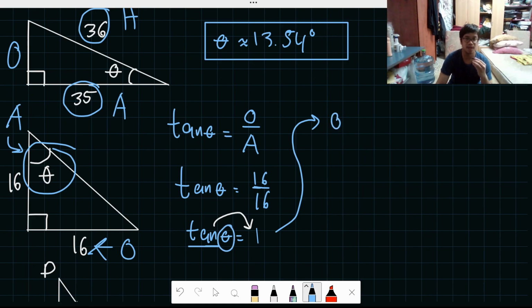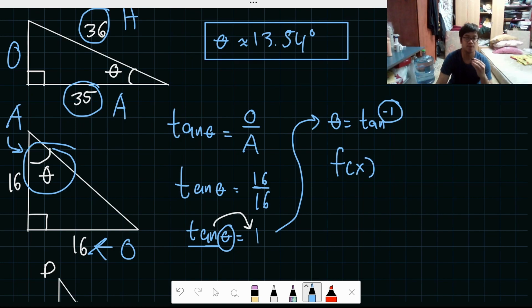So we will have theta is equal to tangent, then put a negative 1 here. But just like I explained before, this is not a negative 1. It looks like a 1, but it is not a negative 1. Just like how you represent a function, this is a common representation of a function, right?